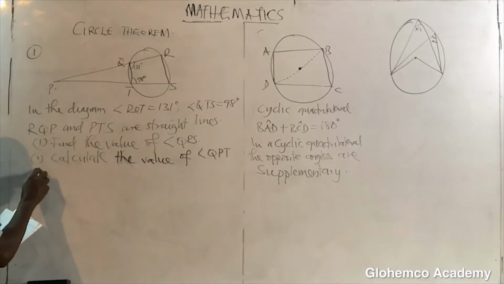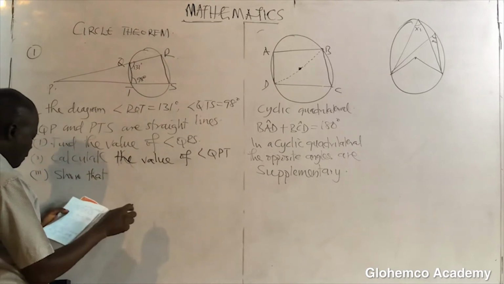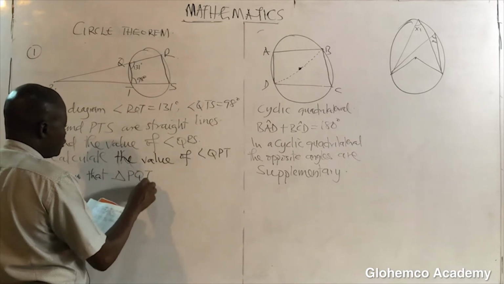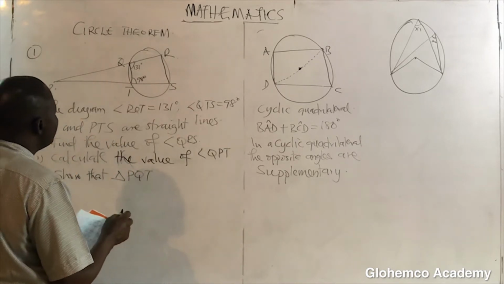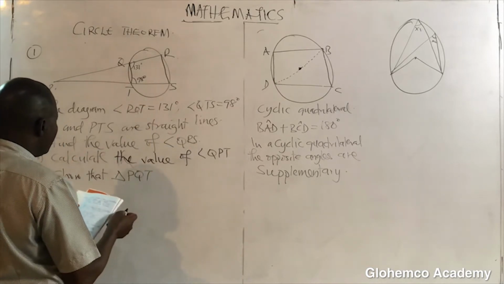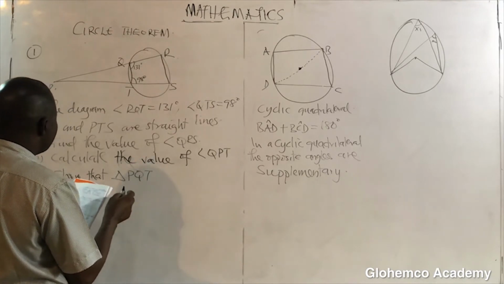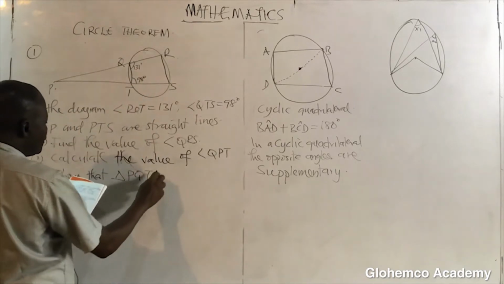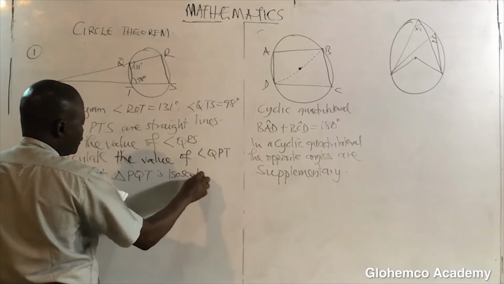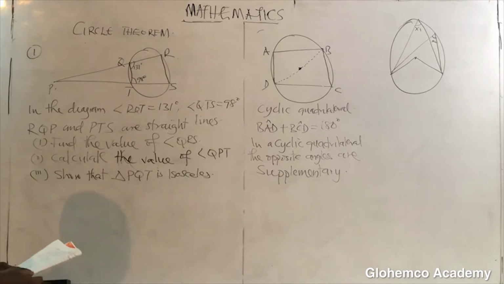And three, we are to show that triangle PQT is isosceles. This is the question given to us to calculate.